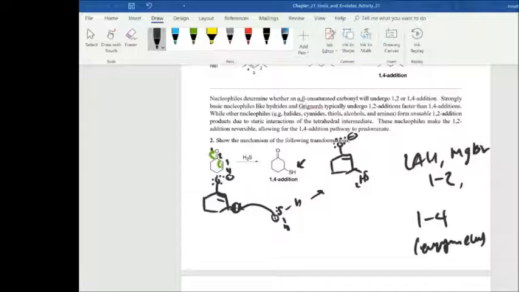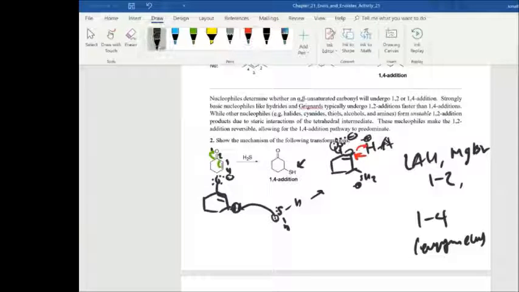Oops, I might have misdrawn that. There's the positive charge. Now what's going to happen is, since this is an acid and you have some form of hydride source, this bond will come down, making this carbon nucleophilic enough to take this hydrogen.